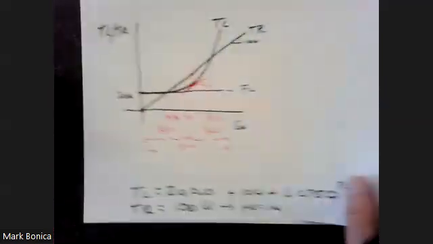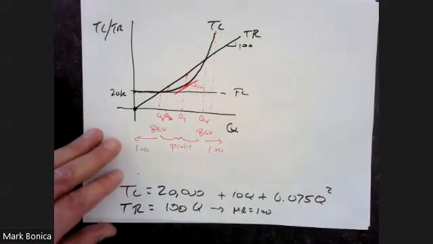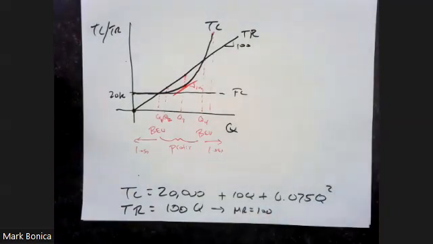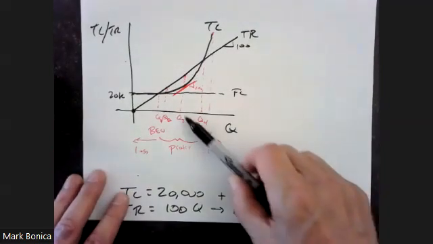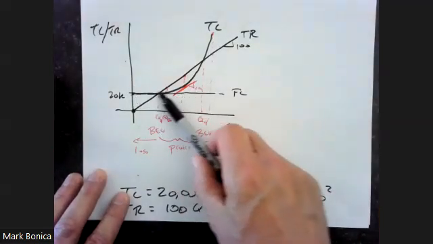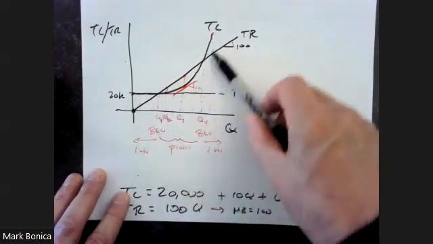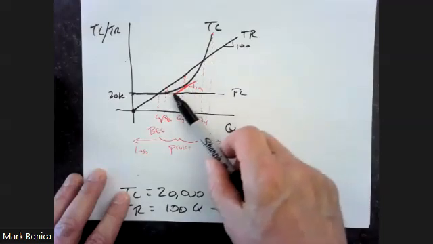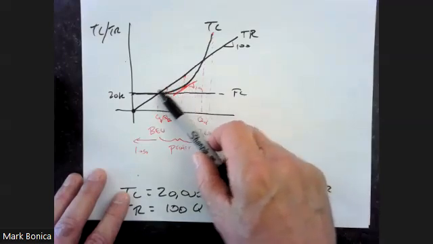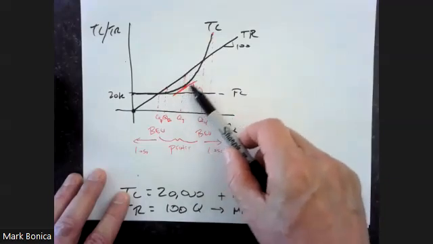So to find the profit maximizing quantity, find that number that Ali was looking for half an hour ago, right? We want to find where the marginal cost, which gives us the tangent line to the total cost function, is equal to the marginal revenue. That will give us a tangent line that's equal to 100.